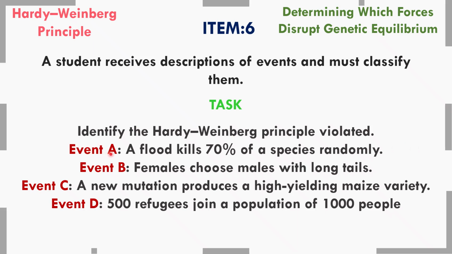Event A: a flood kills 70% of a species randomly. Event B: females choose males with long tails. Event C: a new mutation produces a highly yielding maize variety. Event D: 50 refugees join a population of 1,000 people.